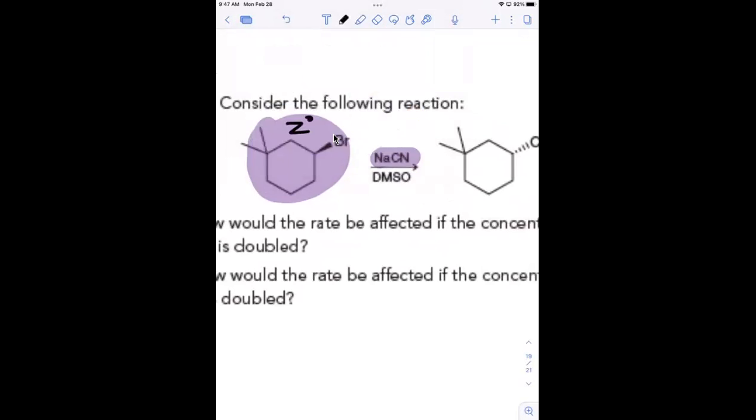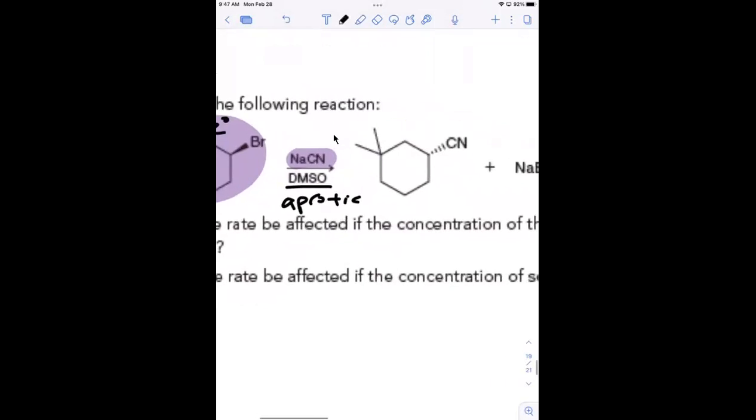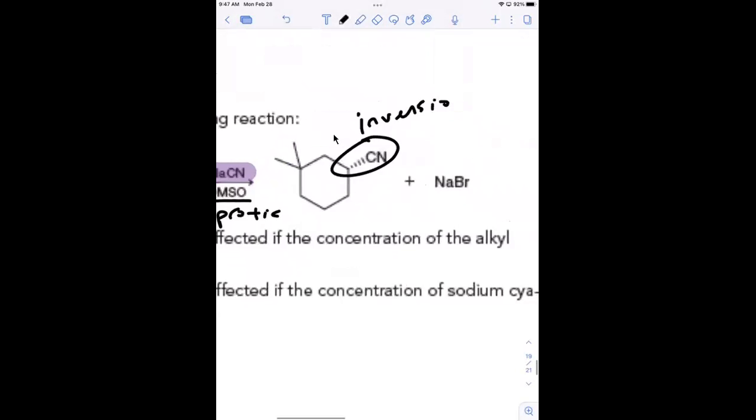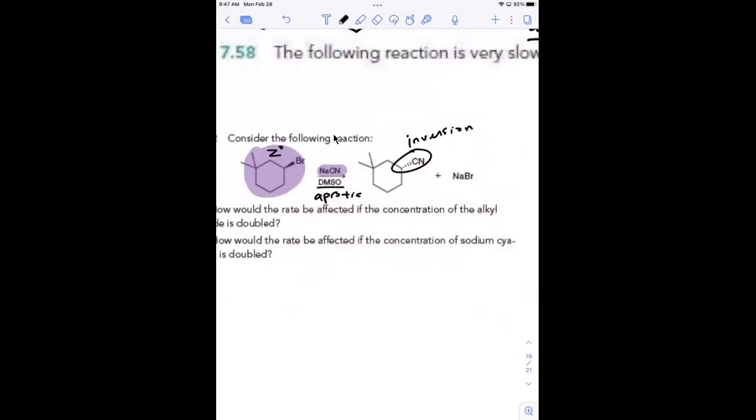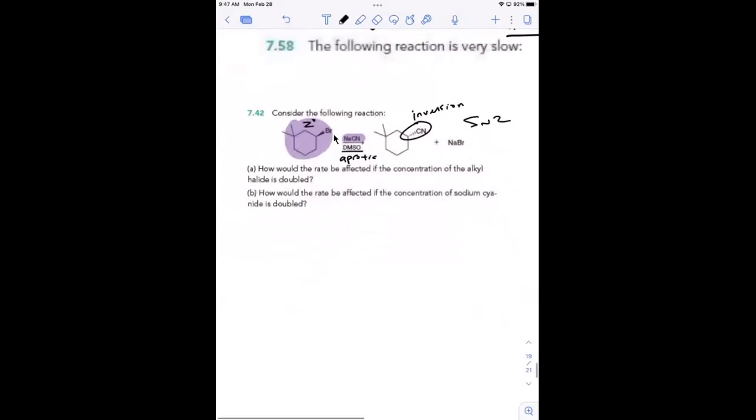We've got an aprotic solvent, and we have inversion. All those things together tell me what? SN2.